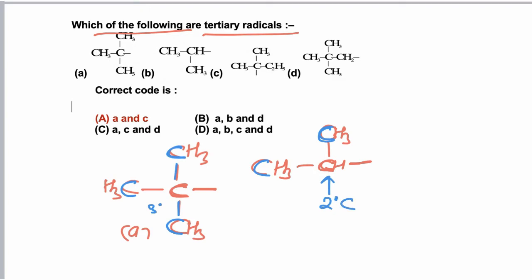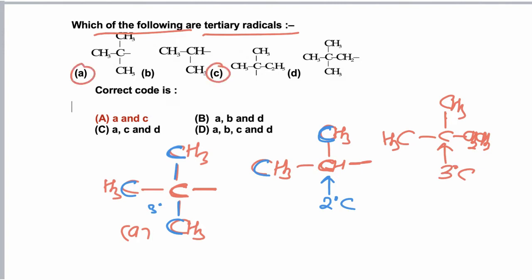In the case of C, the carbon atom which has the free valency is directly connected with 3 other carbon atoms. So this is also 3 degree carbon. So A and C are 3 degree carbon.